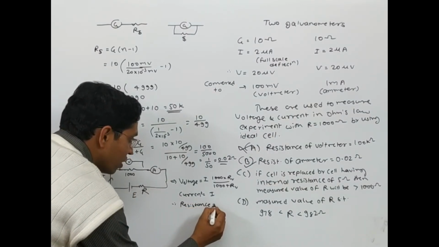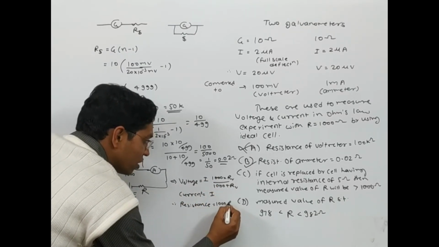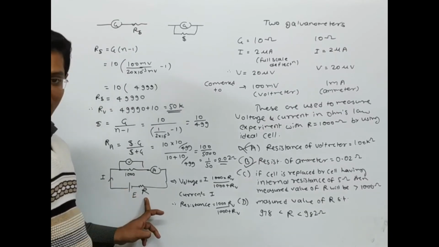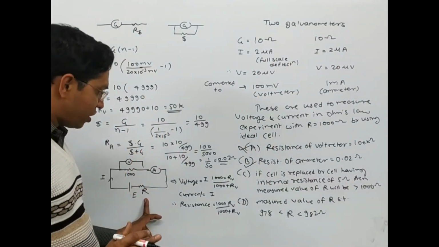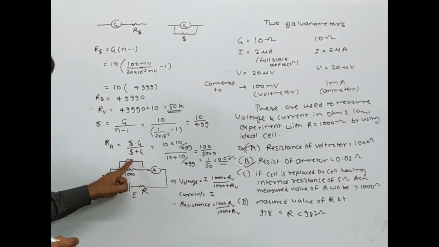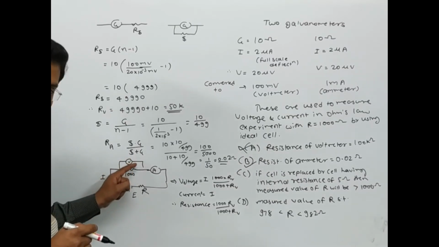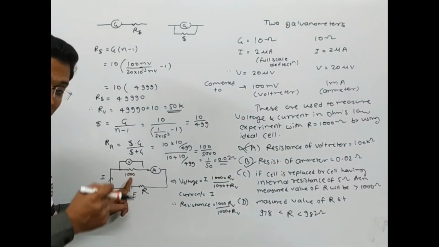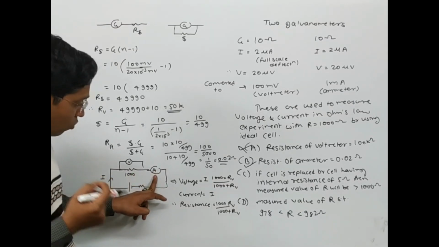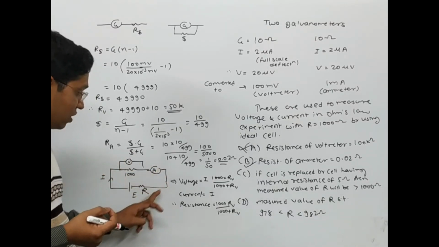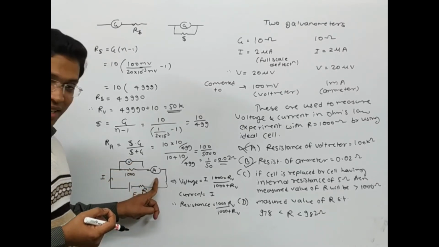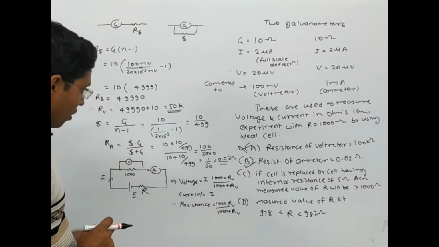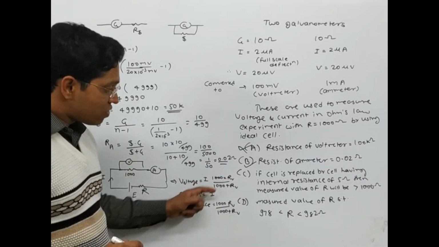The resistance measured is this voltage upon this current, so it finally turns out to be 1000 RV upon 1000 plus RV. It is the same answer irrespective of whatever the value of R is, so it is independent of R. Again, I'm repeating, the voltage this voltmeter measures is I into the effective resistance, 1000 RV upon 1000 plus RV, and the current it measures is simply this current only. Taking the ratio of both, it turns out to be 1000 RV upon 1000 plus RV. Hence the measured value of resistance will be the same for both C and D.